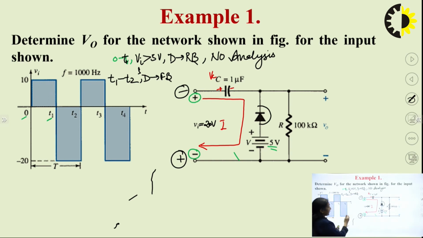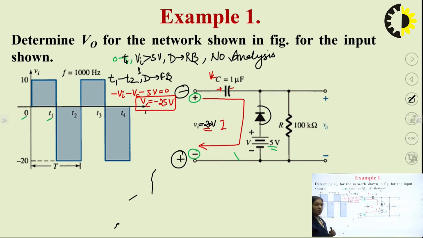So now we can write the KVL for this. It is minus of Vi minus Vc minus 5 volt is equal to 0. Now calculate the value of Vc, shifting Vc towards the right hand side. So Vc is equal to minus, and Vi is 20 volts, so minus of 25 volts.